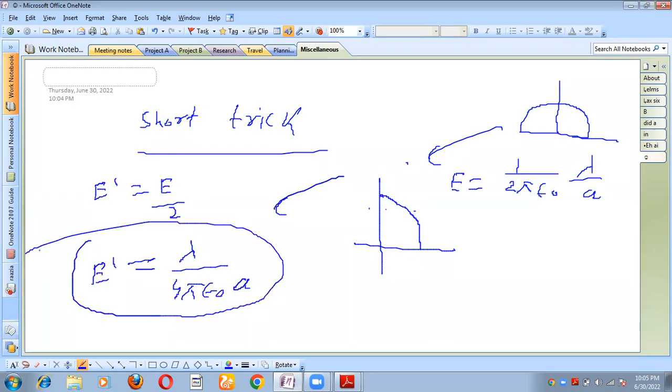Yes, sir. So no need to do calculation, you should give the answer in a second. Then how can we calculate for the full circular ring? Yes, that I will also explain to you.